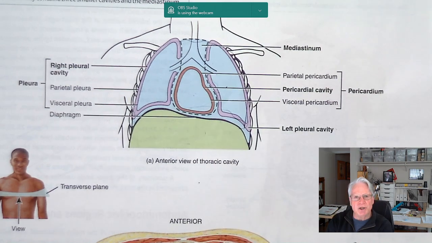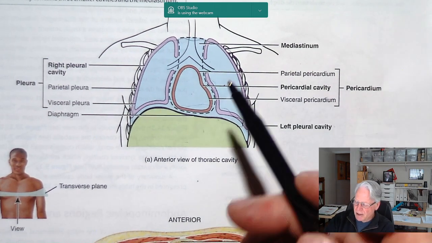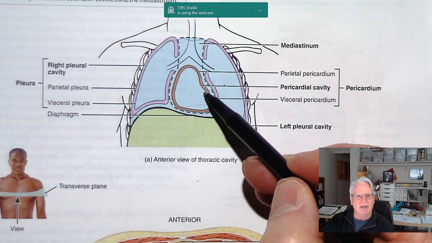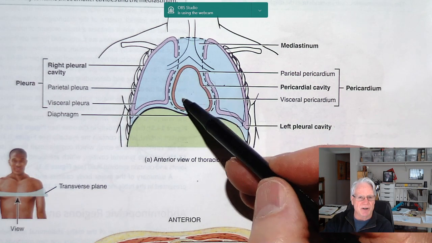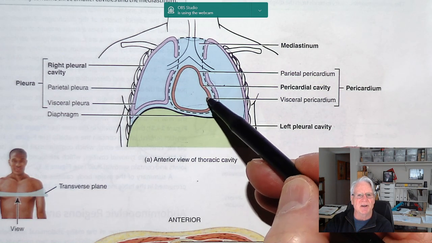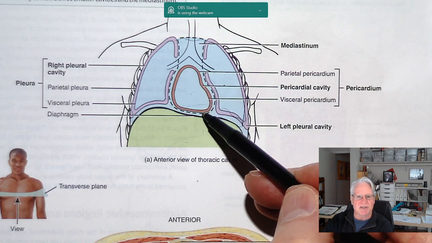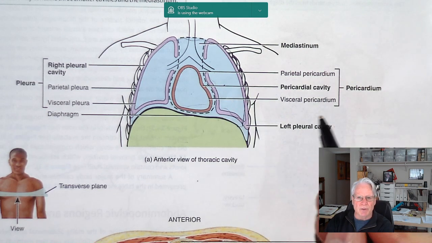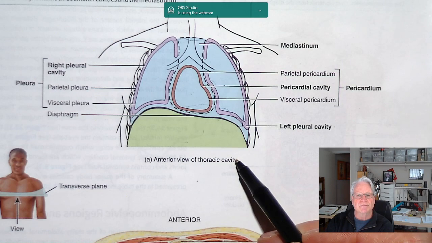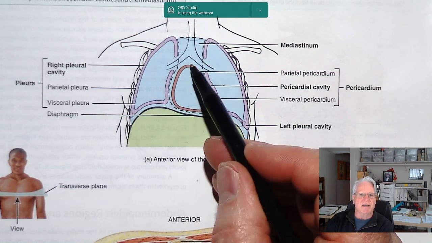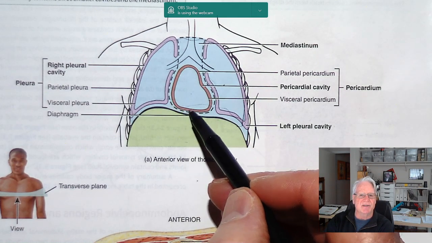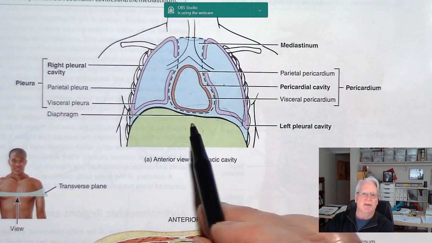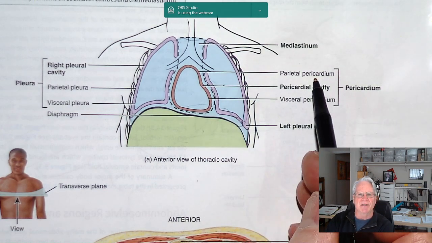The same is true with the heart. So this blue area here represents the actual heart itself, and sitting on top of the surface of the heart is a thin membrane. It's a serous membrane. That's the visceral layer. And then the cavity in which the heart sits, that is lined with a layer, and that's called the parietal layer.